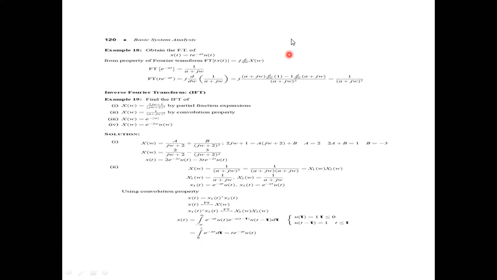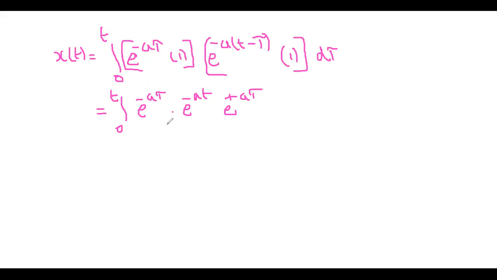Now, you can apply here e power minus a t is a constant. Integral 0 to t of e power minus a t into e power 0, d tau only, my dear students. e power 0 is 1.